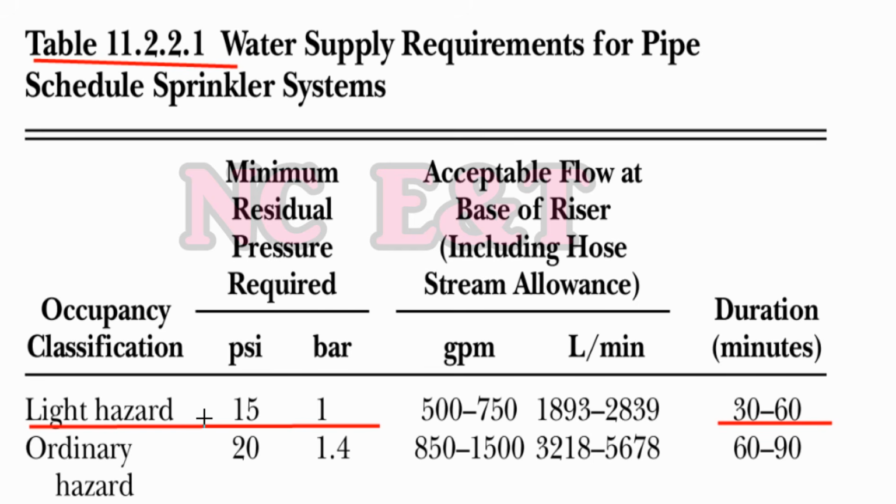For the ordinary hazard, the residual pressure is 20 psi, and we need water in the reservoir for 60 to 90 minutes, and we need 500 to 750 GPM for light hazard and 850 to 1500 GPM for ordinary hazard.